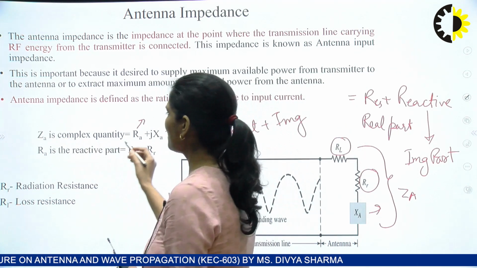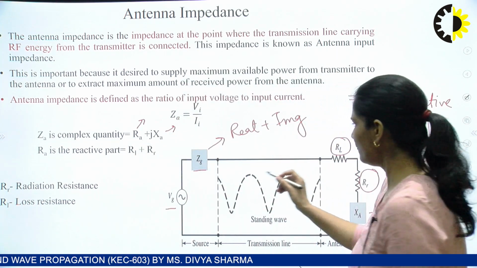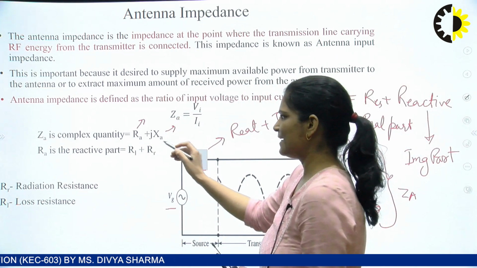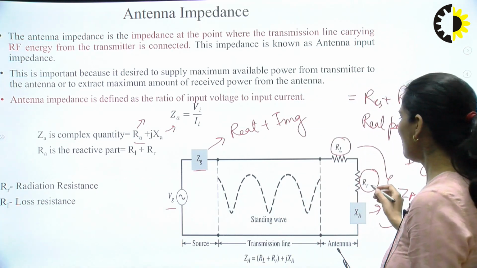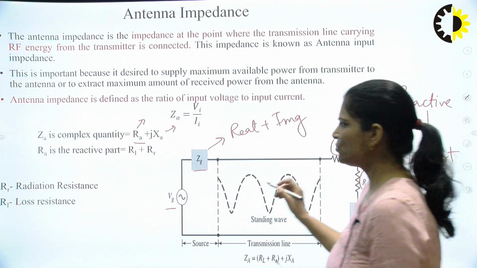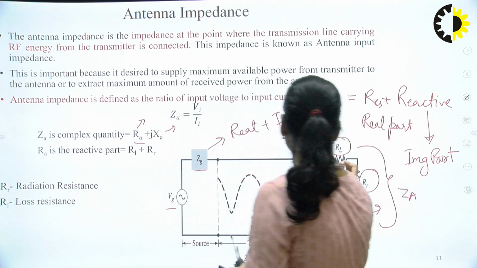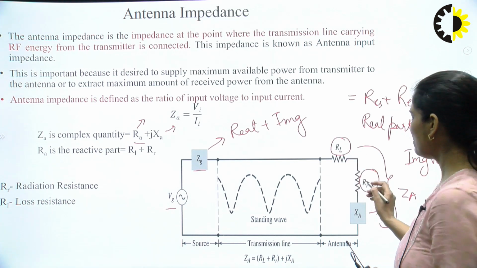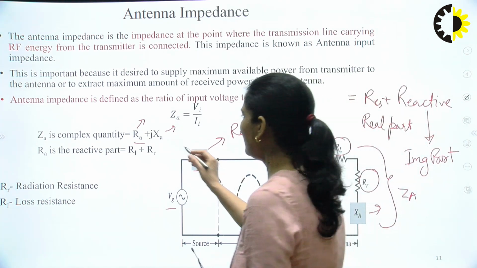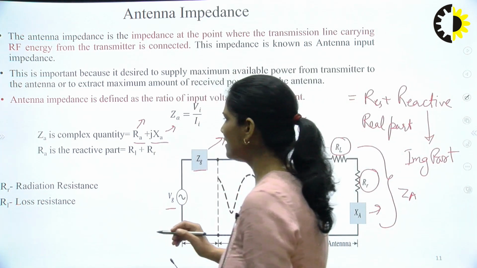ZA is represented as RA plus jXA, where RA is the real part, the combination of loss resistance RL and radiation resistance RR, and jXA is the imaginary part.